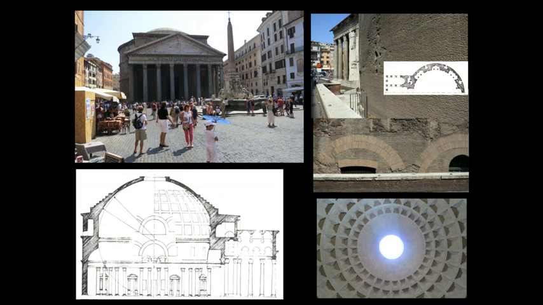This is necessary to carry the forces, because it's a really huge space. The Pantheon has a diameter of 43.4 meters. That is still amazing, and it's constructed with walls which are 6.5 meters thick, and the opening in the center on the top of the cupola has a width of 8.2 meters.